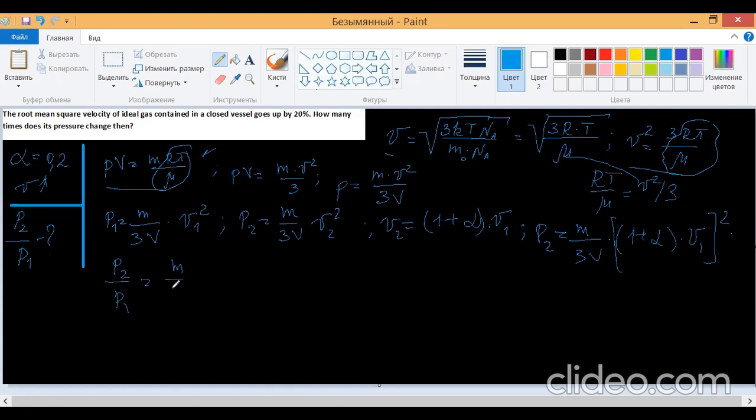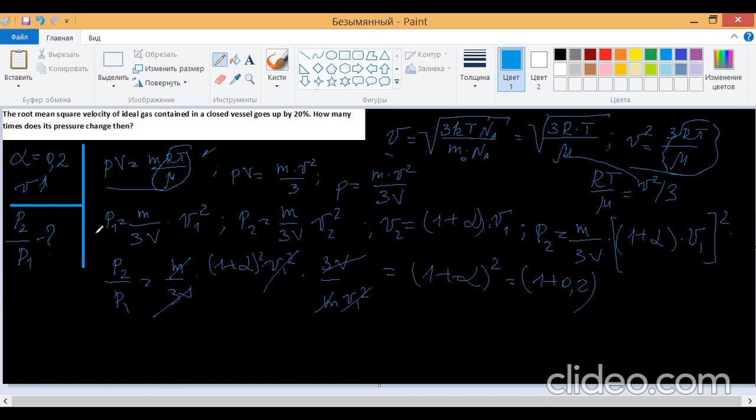So now we can find the relation between the pressures. P2 equals m over 3V times 1 plus alpha squared times v1 squared. And I divide by P1, which means that I should write it the following way: 3V over m v1 squared. So we simplify because it is obvious, and finally, we've got 1 plus alpha squared, right?